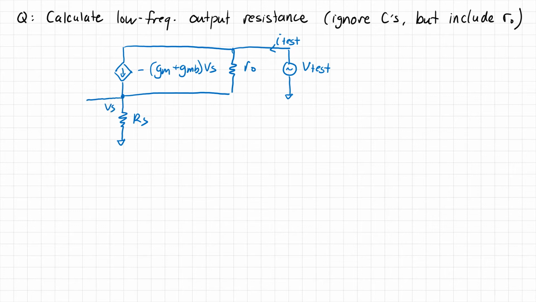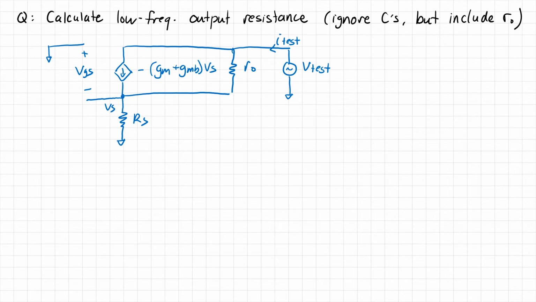This is VS, and I just want to emphasize that the gate is grounded, and this is VGS. Okay, so our job here is to figure out what I test is, given that we've applied V test to the output.